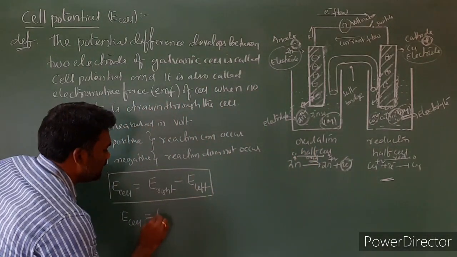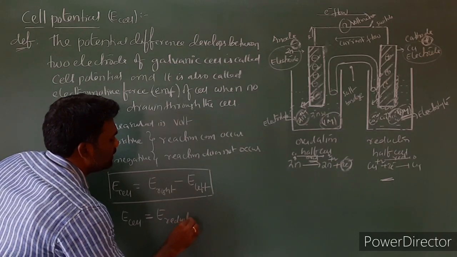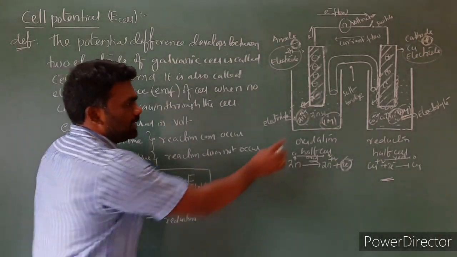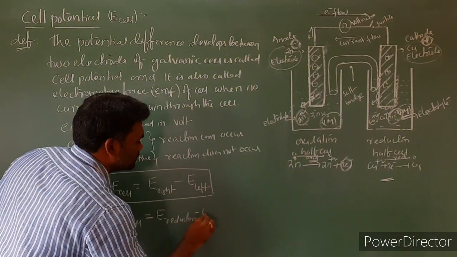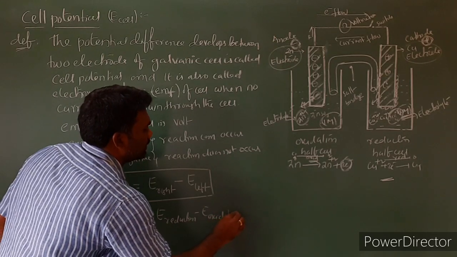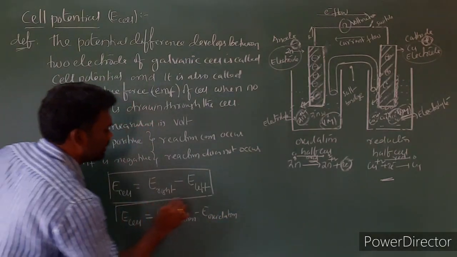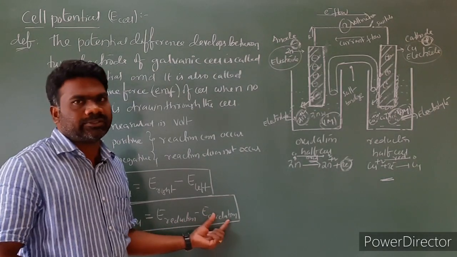So E right is E reduction, and E left is E oxidation. We can also use E cell equals E reduction minus E oxidation.